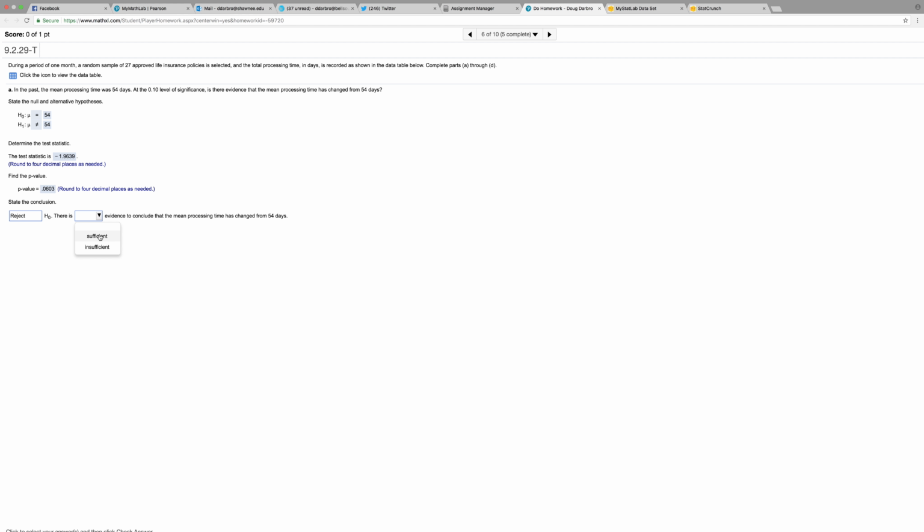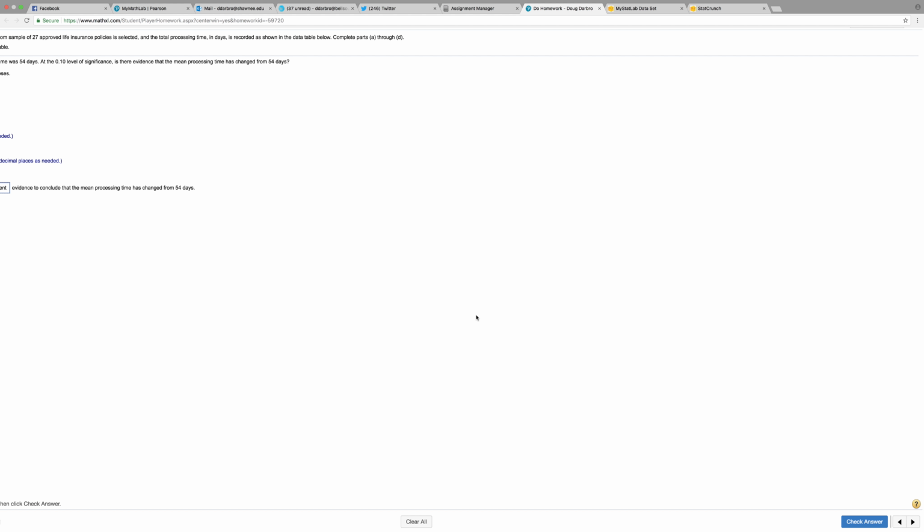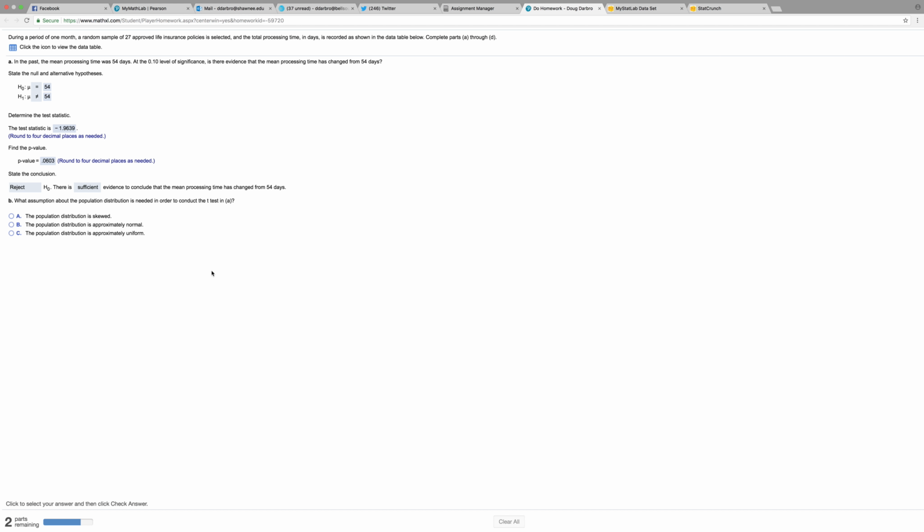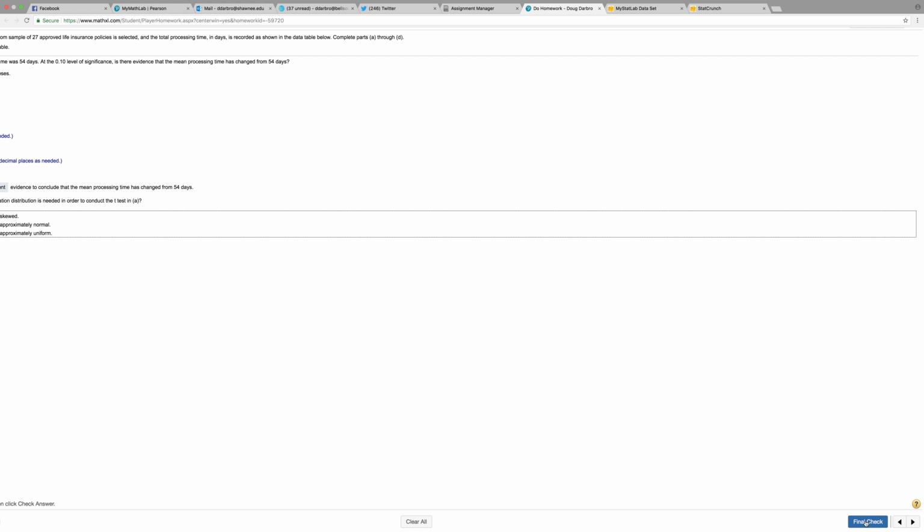And so there is sufficient evidence to conclude there's a difference. Now that's kind of interesting because if the significance level had been 0.05, we would have failed to reject. What assumption about the population distribution is needed to conduct the t-test? Well, we want it to be approximately normal.